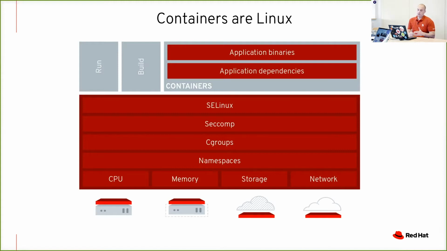So the security, performance, and reliability of your running container is really all about the quality of the Linux operating system that you are running. And that's why the foundation for OpenShift is, of course, the Red Hat Enterprise Linux operating system.